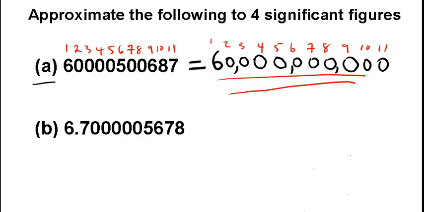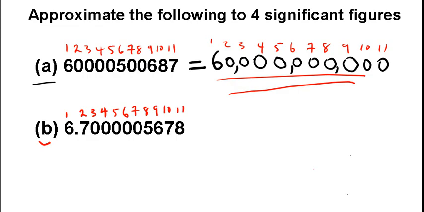Okay, let's come to question number 2. We have this. So first of all, let's take 6 is significant. We have 1, 2, 3, 4, 5, 6, 7, 8, 9, 10, 11.